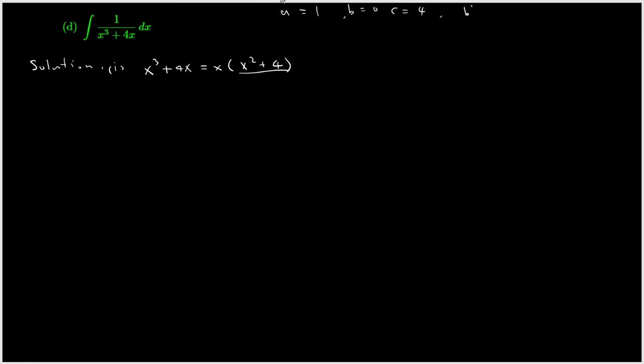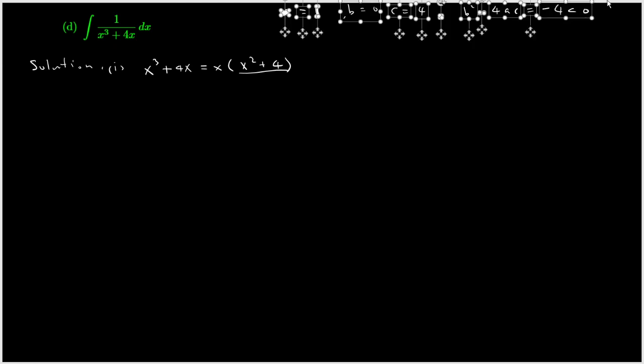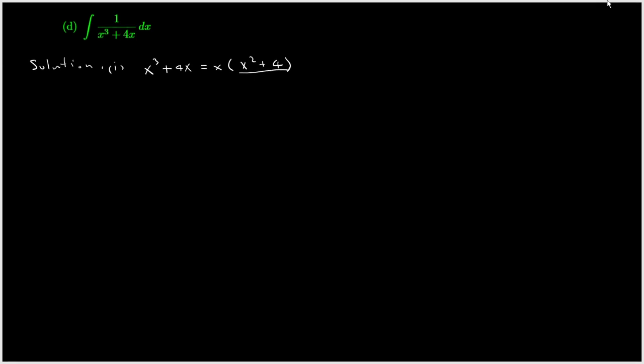And then you compute b squared minus 4ac. I think you have negative 16, which is a negative number. The discriminant is negative. It means the factor is irreducible. There's no way to factor further. So that's as far as possible already.